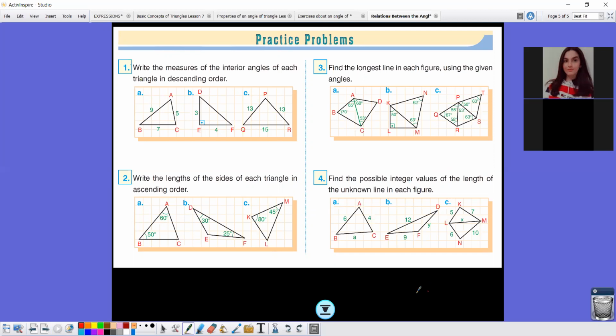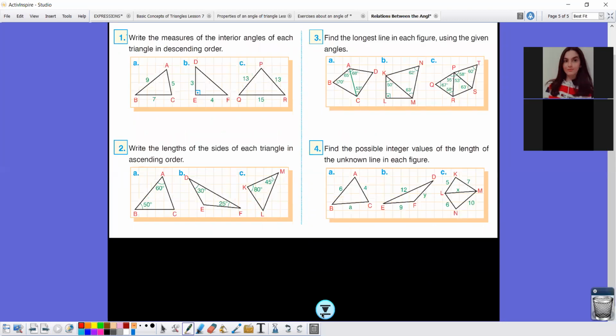We want one question from the third exercise. Which one do you want to solve? C. I knew that you would say C. What it says: find the longest line in each figure using the given angles.